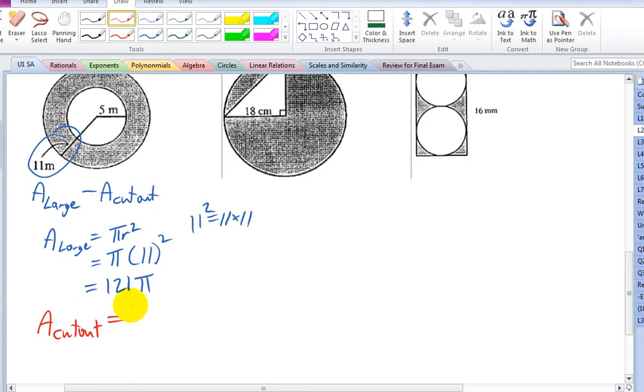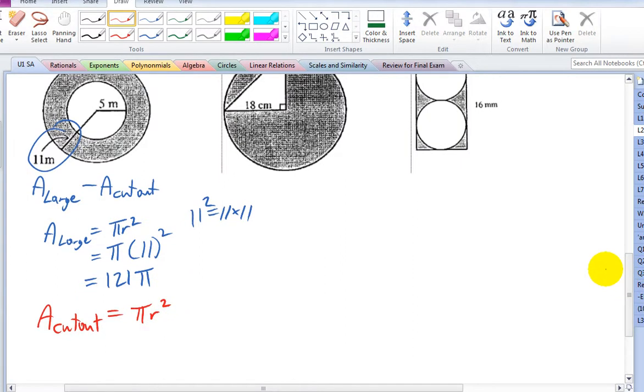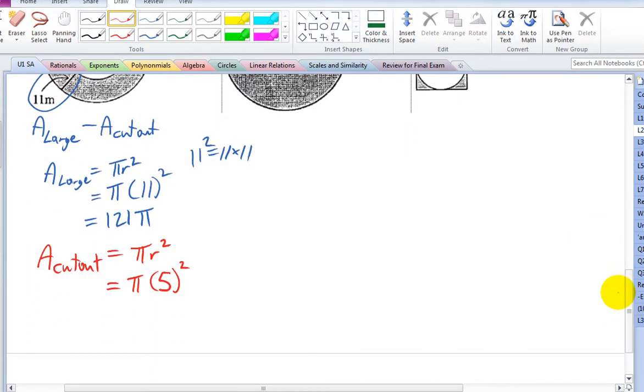So let's find the area then of the cutout. Don't go to a decimal yet. That would be wasting our time. So again, it's pi r squared. This time your radius has changed. So we want the small circle in the middle. So area equals 25 pi. Okay, so how many pi's do we have?